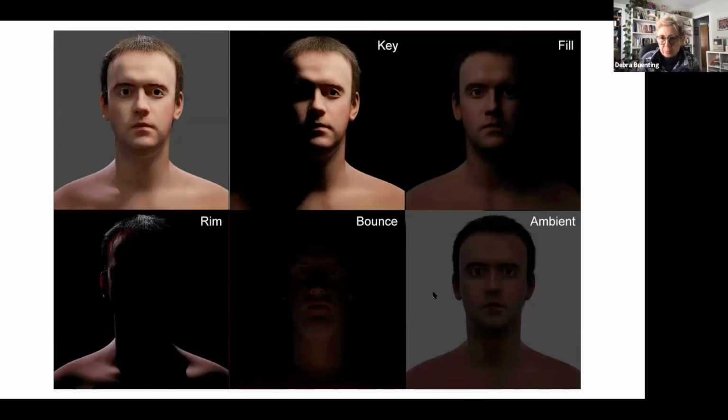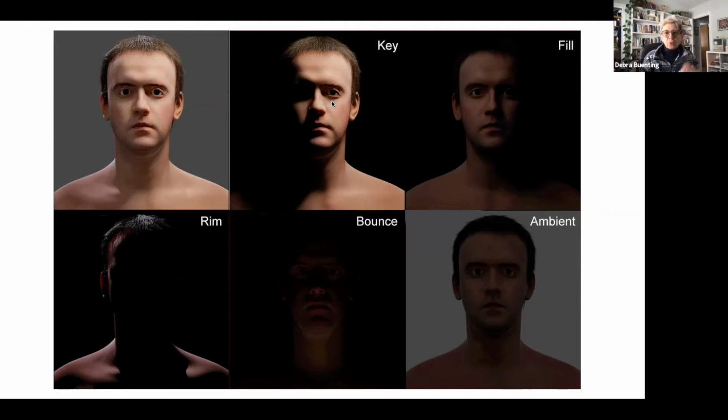Take this bottom right picture, which is just the natural light in a particular situation. Terrible, right? Not good lighting. Then they put the key on, and the key can be from either side. Generally it's at a sort of 45-degree angle, but it doesn't have to be.